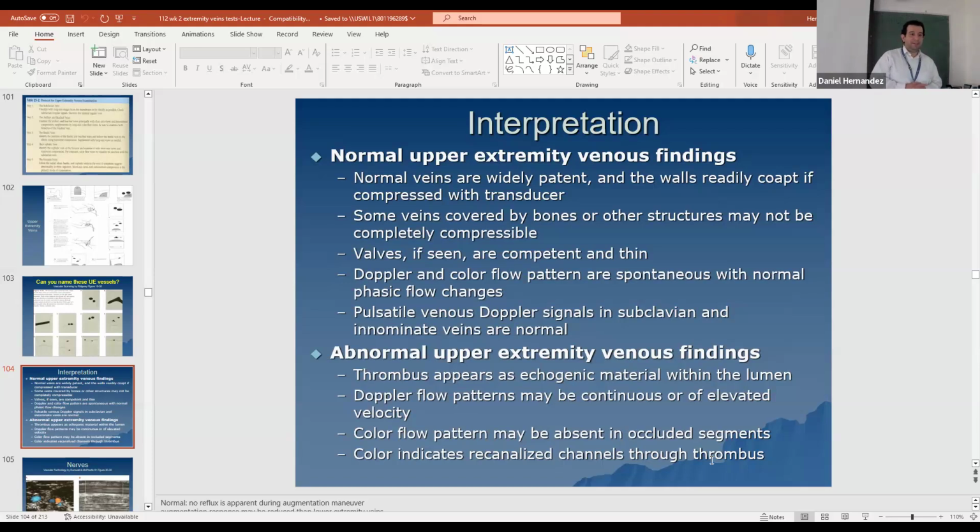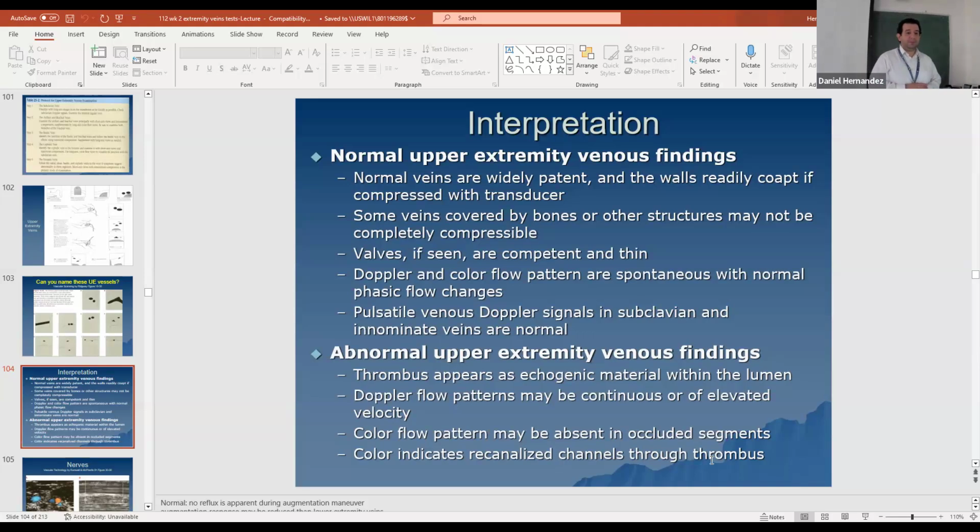So abnormal findings would obviously be the presence of thrombus or echogenic material within that vessel itself, within the lumen of the vessel. Flow patterns that demonstrate continuous flow or potentially elevated velocities. Again, if they're elevated velocities, then we start to worry about maybe fistula formation or connections, arteriovenous fistula patterns.